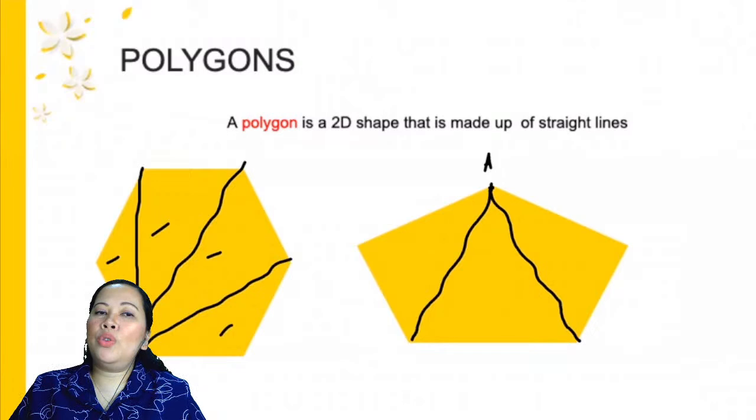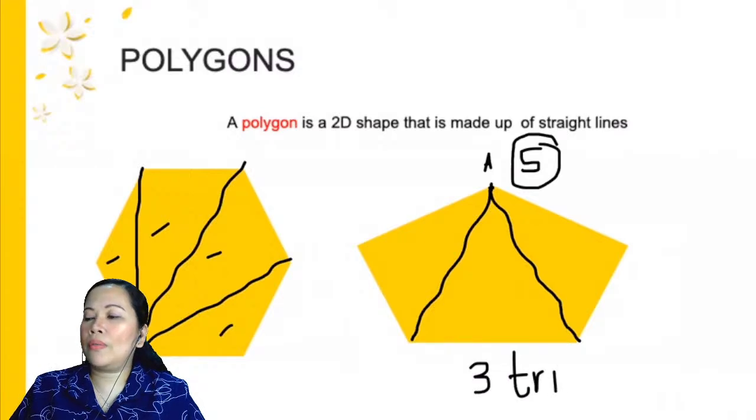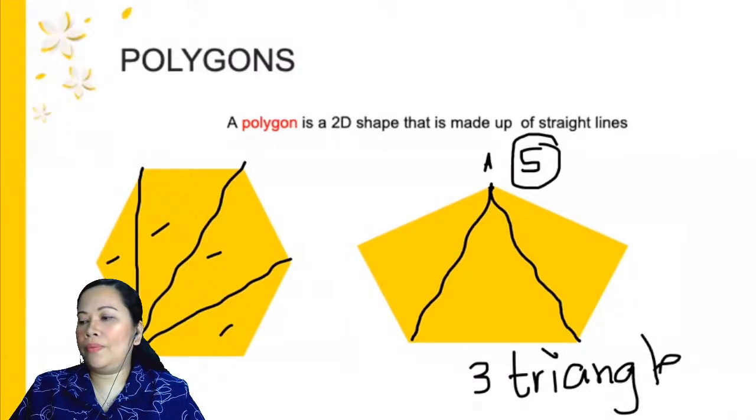So what have you noticed with the diagonals? The number of sides here, let's say, how many sides are here? 1, 2, 3, 4, 5. In a 5-sided polygon, you form 3 triangles. All right?